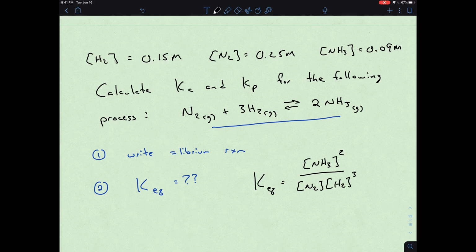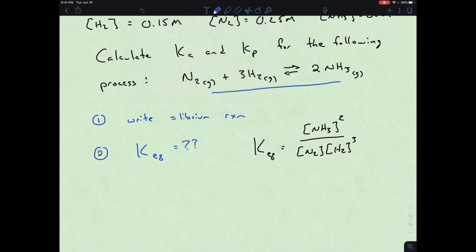So there's our Keq. And looking at the values, it's probably going to behoove us to start with a K sub C, because they're actually giving us concentrations. But we'll get to that in a second.